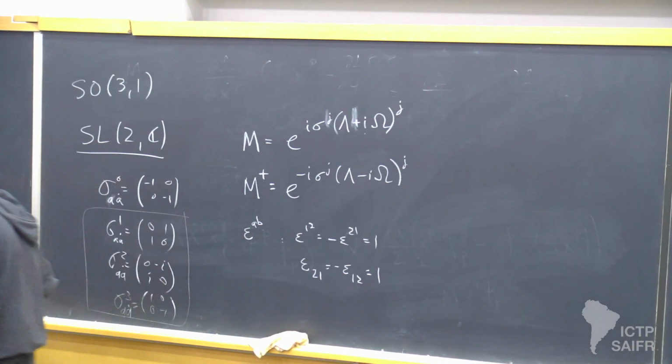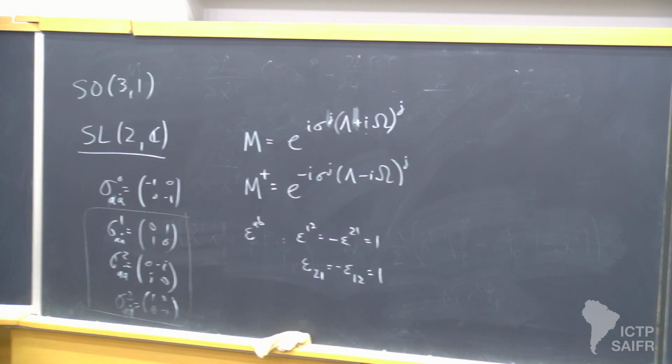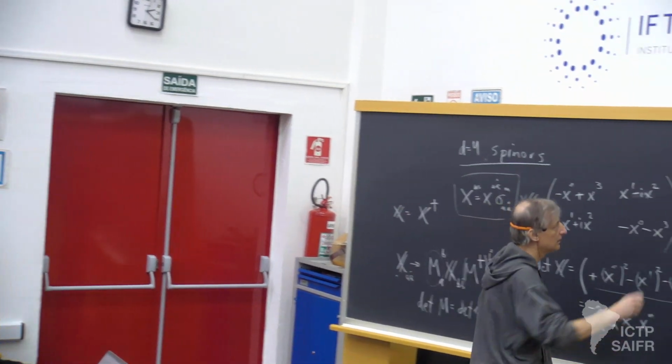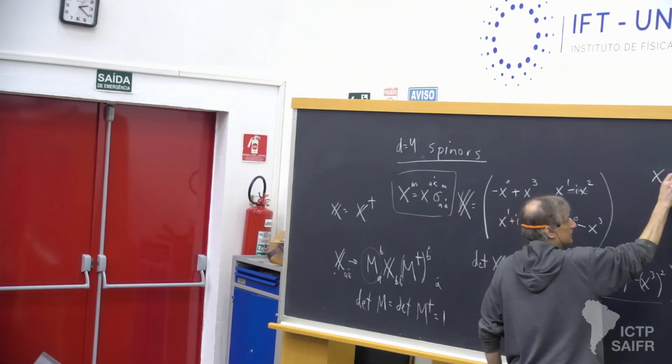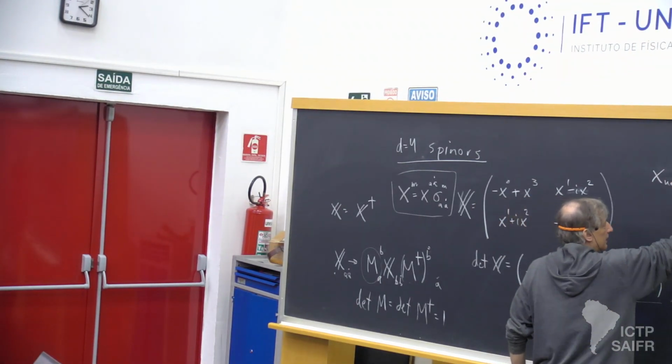So of course here I have some raised indices and some lower indices. And x also, here I had an up index, here I have a down index. So I have to say how to relate them, right? If it was a vector, I of course know that x_m is equal to eta_{mn} x^n.